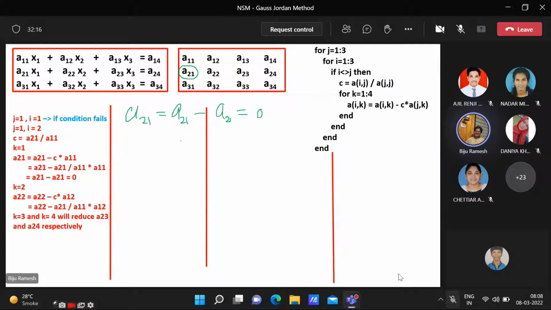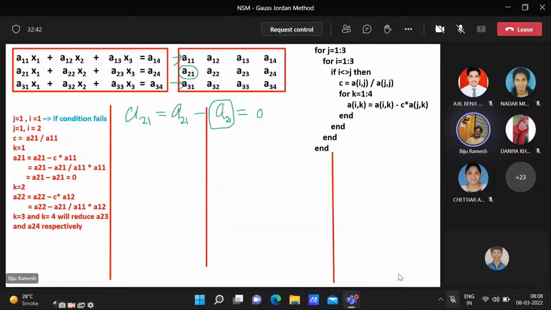So we have to smartly choose some operation so that this is A21. Now we cannot subtract A21 by A21 directly for all the numbers. So what we do is we use the rows that are there with us.